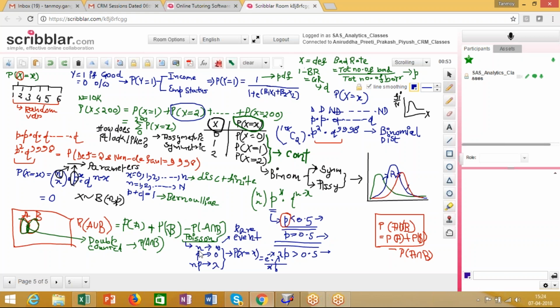So what we can say is that the Poisson distribution is a limiting form of the binomial distribution, right? Right, clear on this?